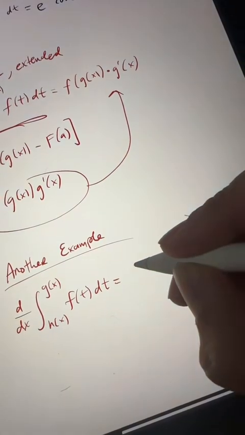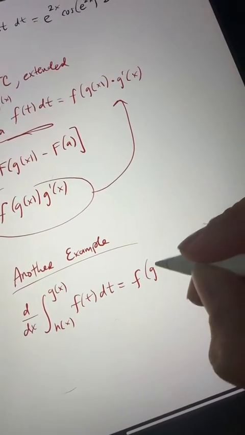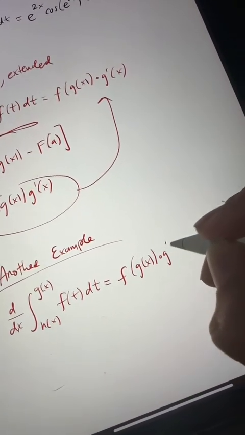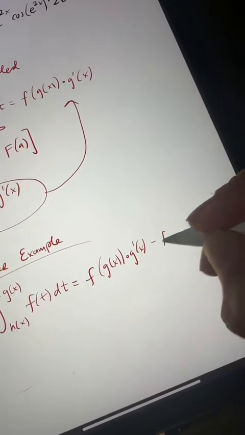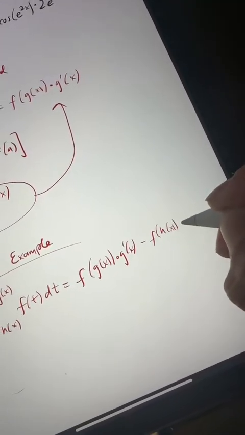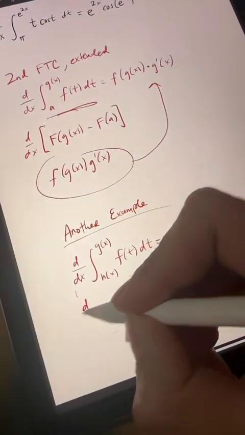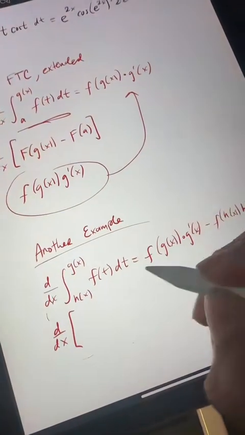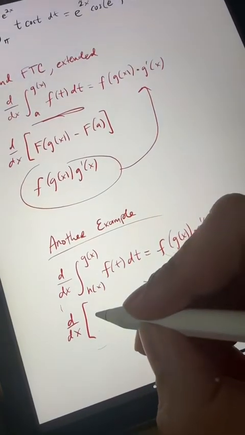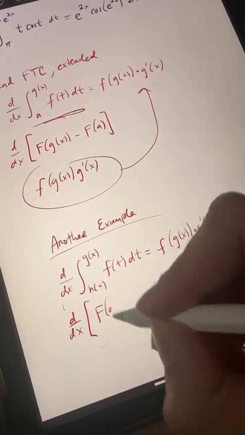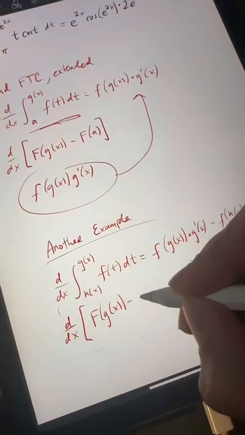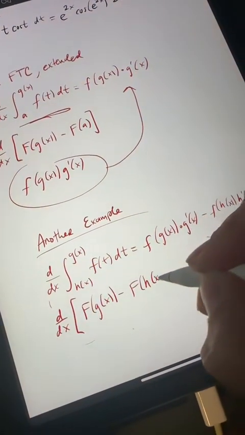This is going to equal f of g of x times g prime of x minus f of h of x times h prime of x. Now, why is that the case? Well, we're still going to take the derivative, but let's go ahead and evaluate it first. According to the first fundamental theorem of calculus, this is the antiderivative evaluated at g minus the antiderivative evaluated at h.